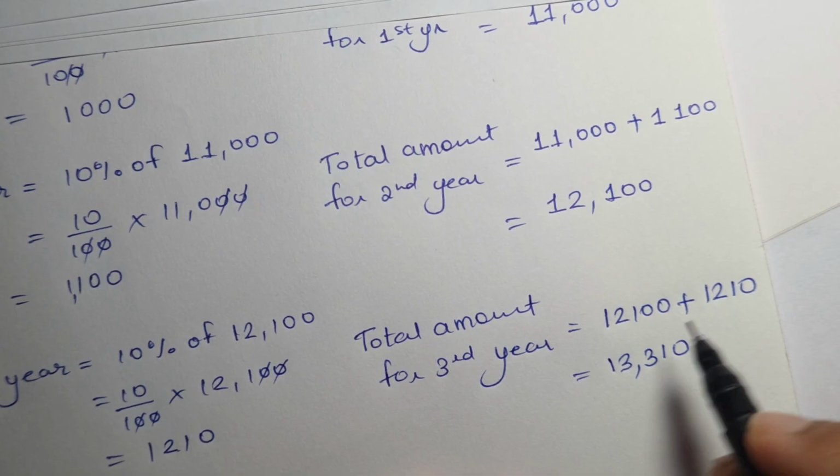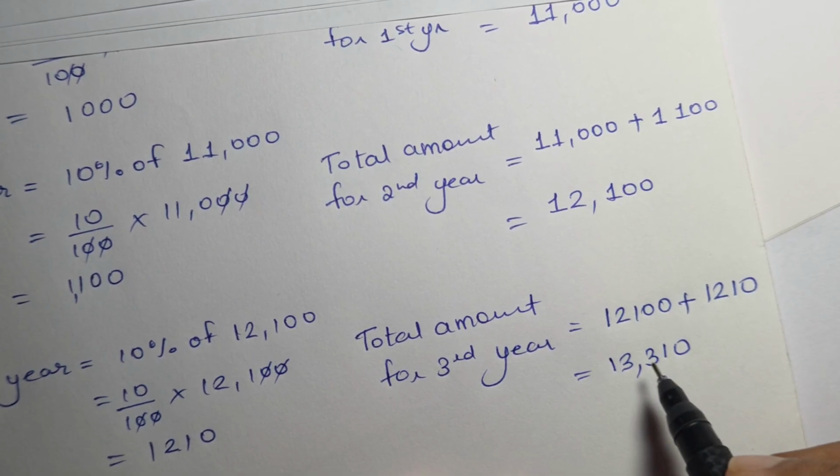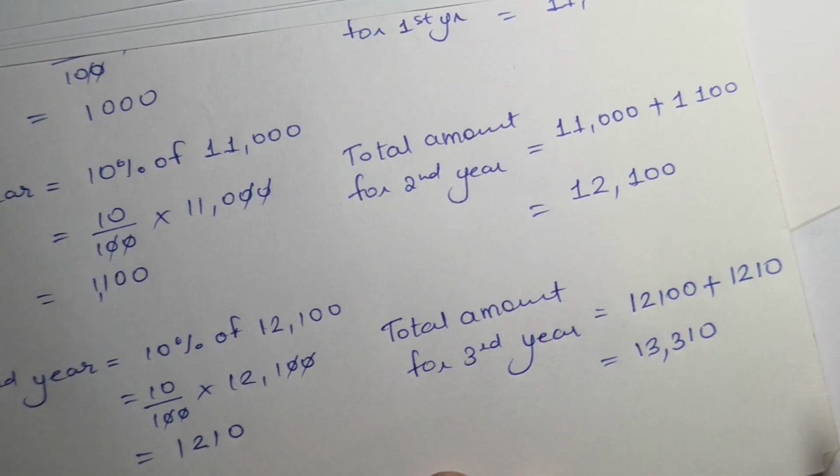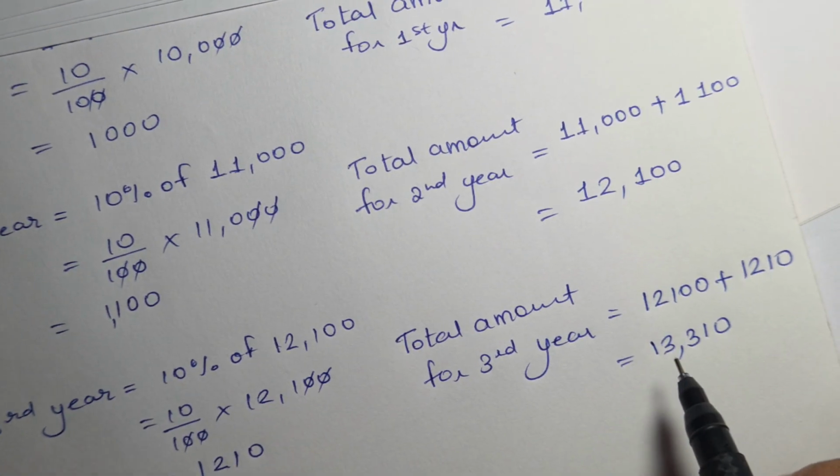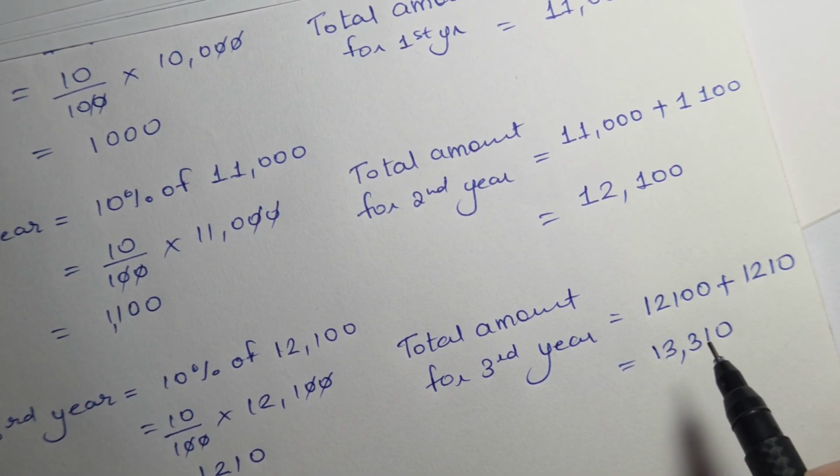Correct? So 13,310. Yes. Now this is a new amount or the total amount after third year.